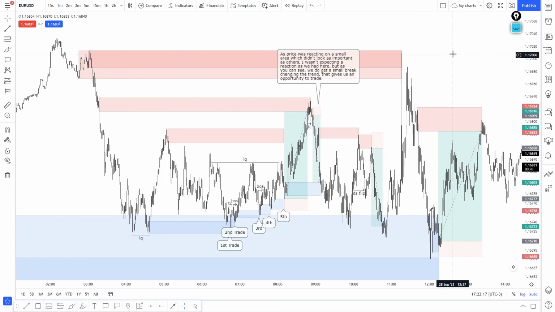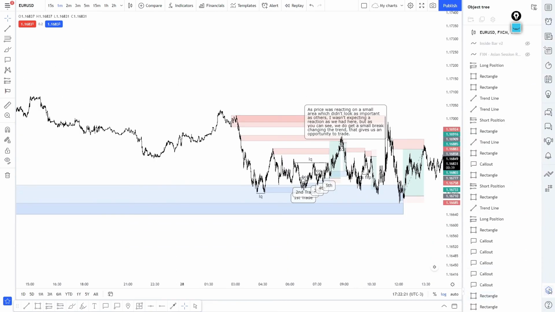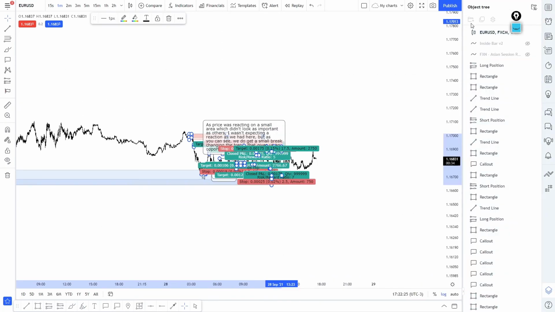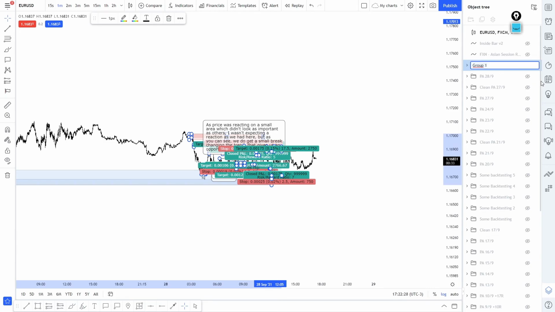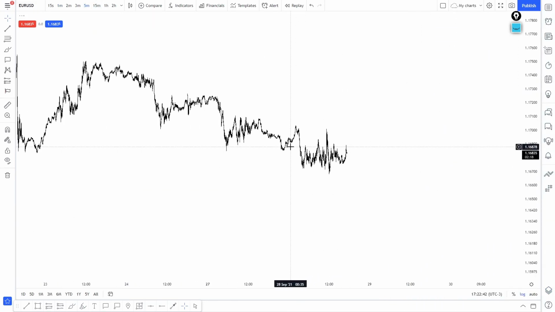So I wanted to make a video today because of the price action, as you can see, and again, it was kind of not clean. Well, not clean, but basically it ranged a lot, right? It ranged a lot. As you can see, if we go to the 5, we don't really have anything.